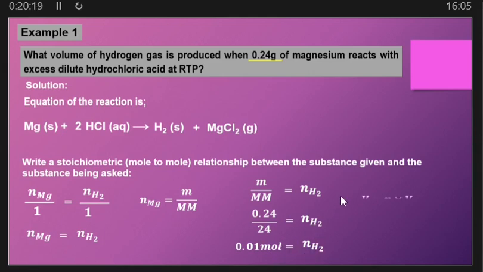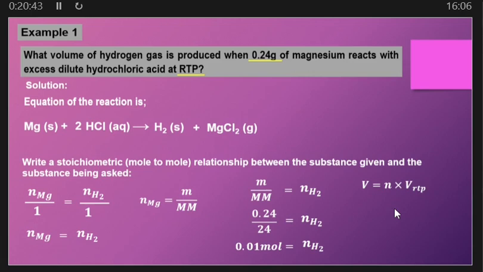Now we can go back to our formula, which says volume is equal to number of moles times volume at RTP. Now we know the number of moles. What is the volume at RTP? Volume at RTP is 24 cubic decimeters.